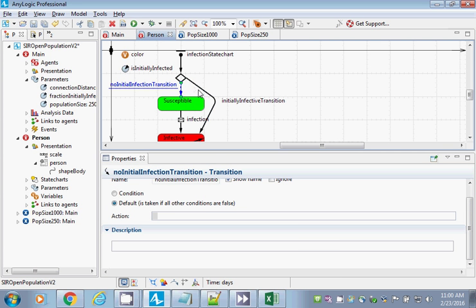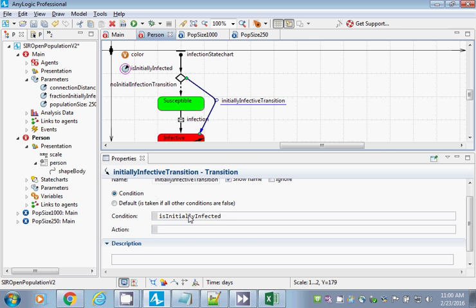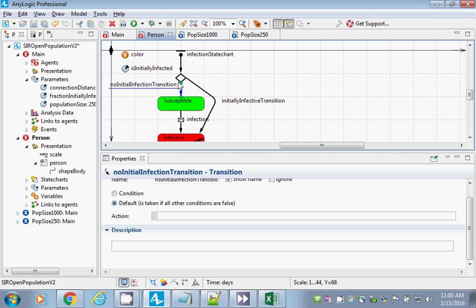That's what this says. So if this condition here is true, they're going to go down and start in the infective state. Otherwise, by default, they're going to start here. And so that person is going to come into being starting either in susceptible or in infective according to the value of their is initially infected. After that, their life takes place according to the rules specified by the state chart.